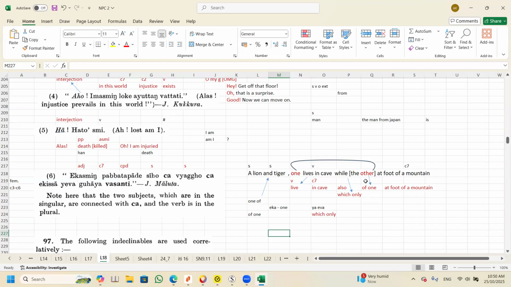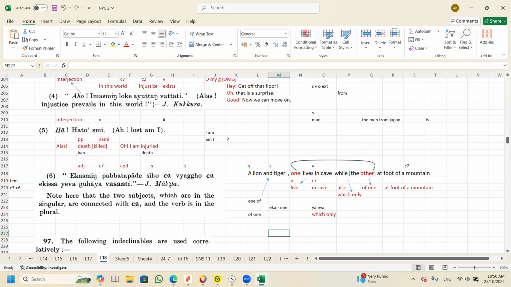So this is something very difficult. So we say one, this one we identify. One lives in a cave, and the while is also not there, which is which only, at the foot of the hill. So this will be the way. See, of one we change it to other. So live, no problem. Live, because this is plural.